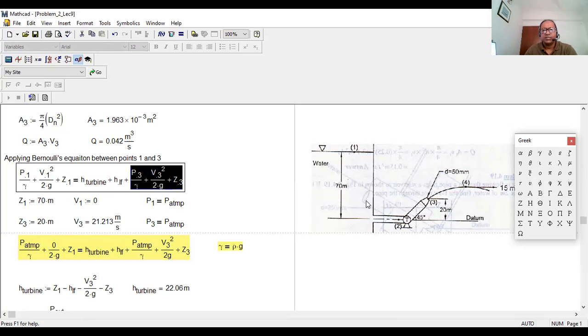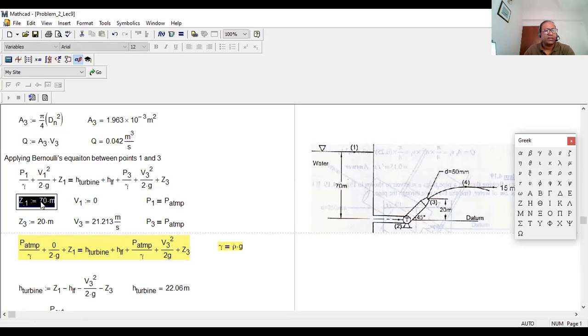Now Z1 is given, and V1 is 0. We assume that the height is constant. That means this fluid particle right over here is not moving down. If it were moving down, then the height would not be constant, right? So V1 equals 0.